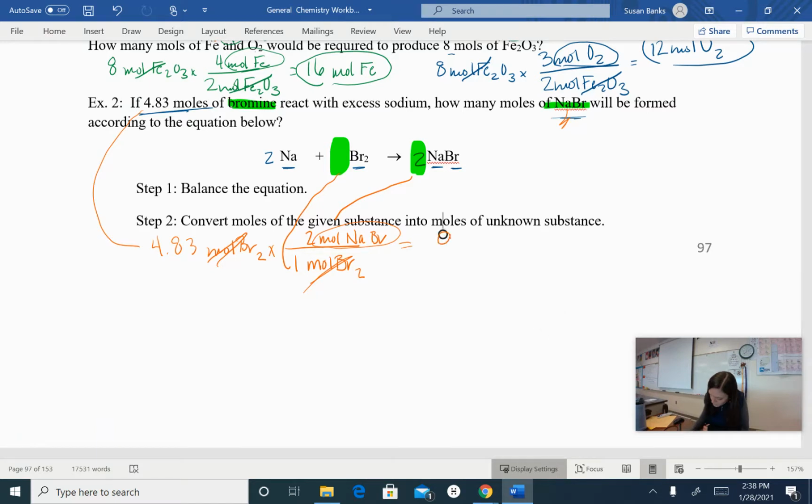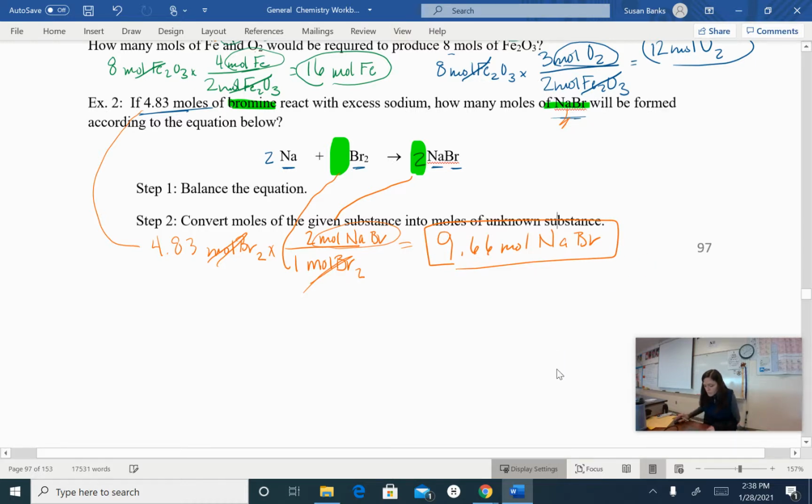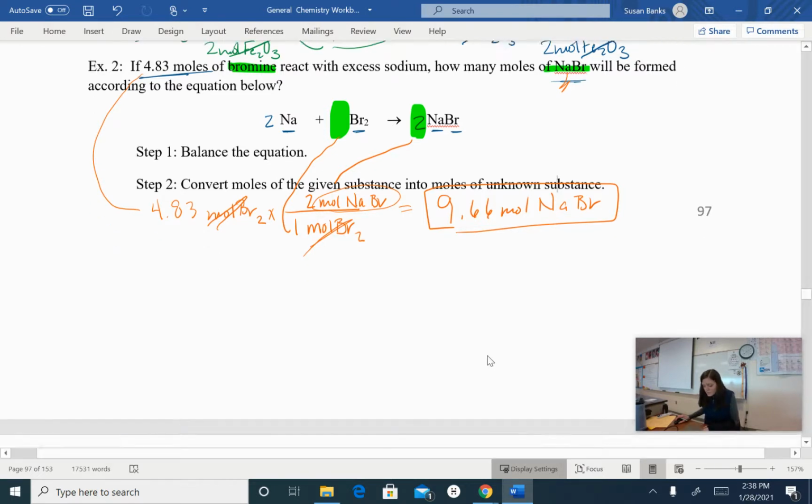Oh, wow. 9.66 moles of sodium bromide are what I can make. All right? So notice I grabbed the coefficients right from the balanced equation to create the ratio that I needed to compare the 2 things that I wanted to compare from the question.